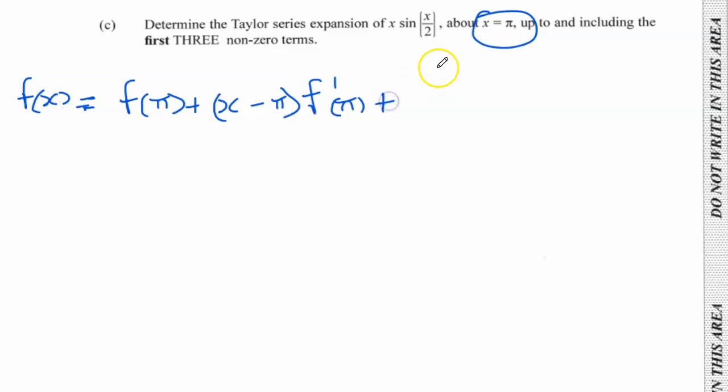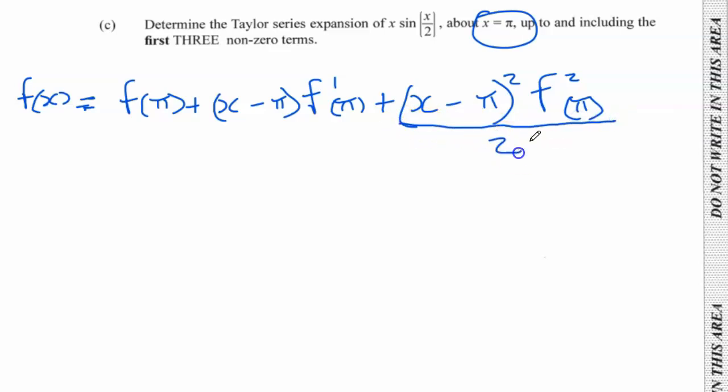plus, up to the first three non-zero terms. Okay, so we stop at x minus pi squared then. So x minus pi squared times the second derivative of pi over 2 factorial. So I can go up to the second derivative. Let's find the first derivative.